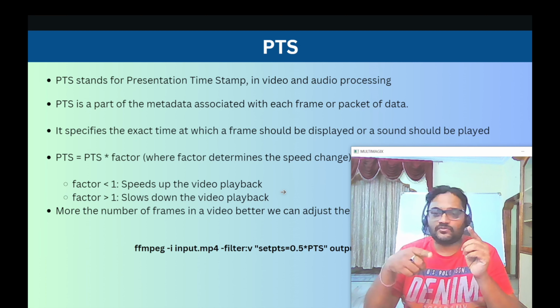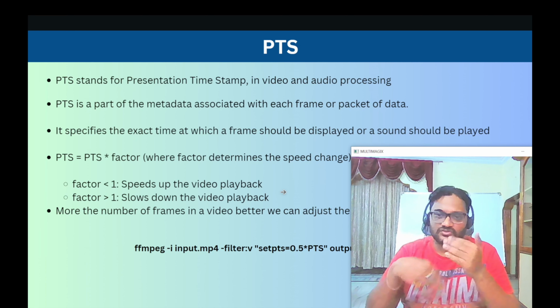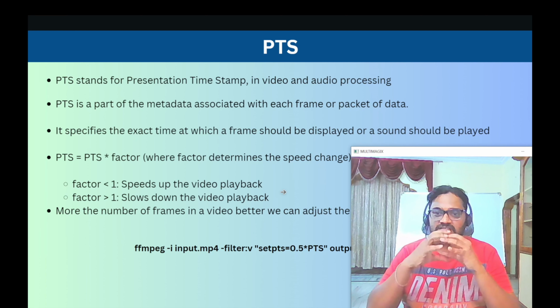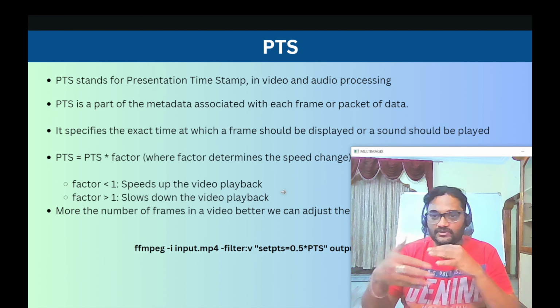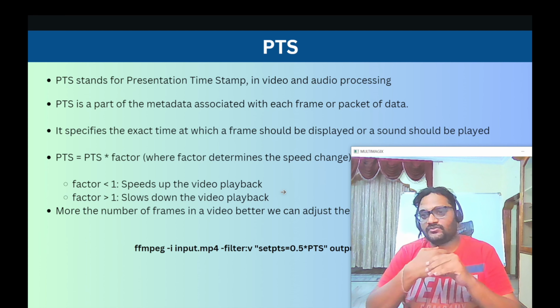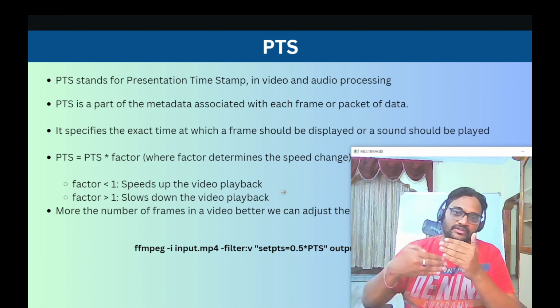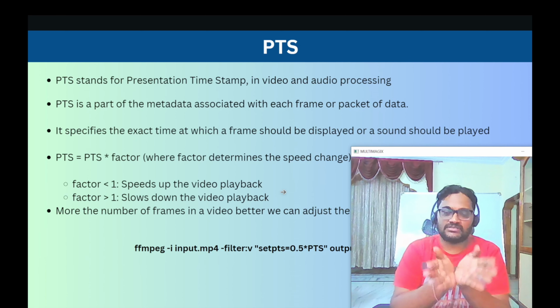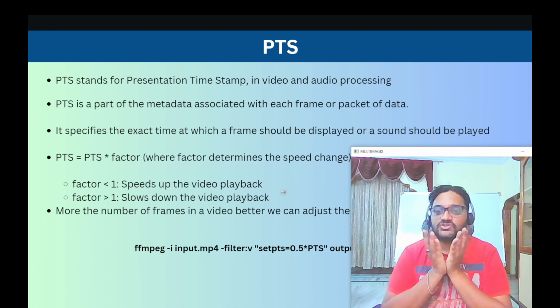In other words, if you want slow motion, you want to ensure that whatever frames are in 60 seconds should be displayed in 120 seconds. So you need to increase the duration of the frame on the screen. That's how you slow the video.